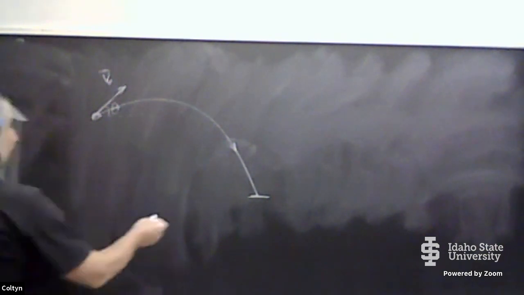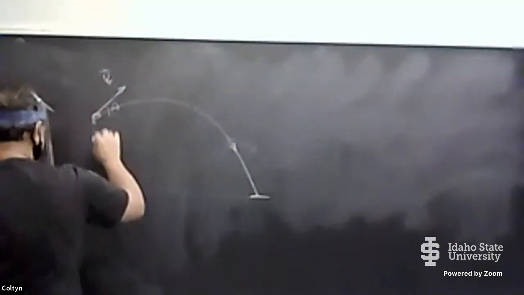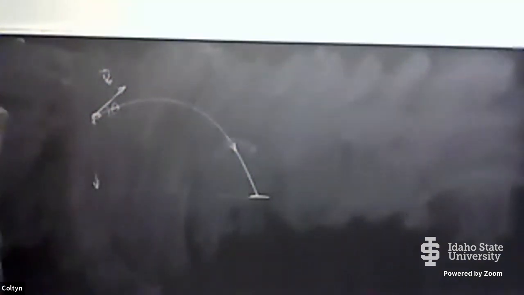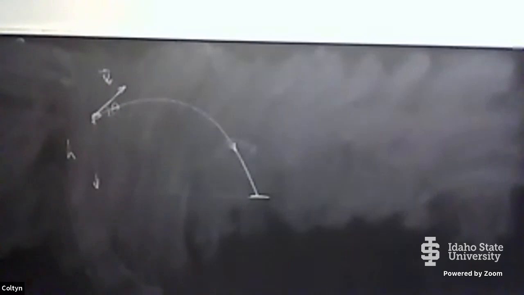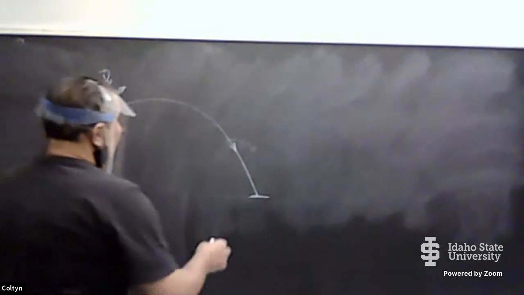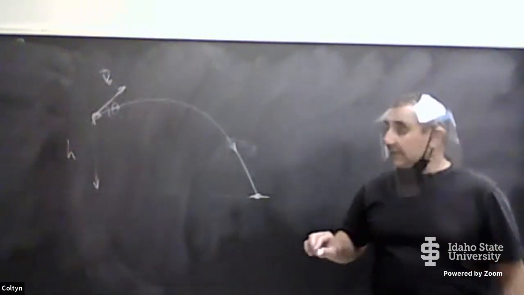You are also given the height above the ground of the launch point, let's say a certain height h, several kilometers or some number of meters. You're asked to find the final velocity of that projectile just before it hits the ground.